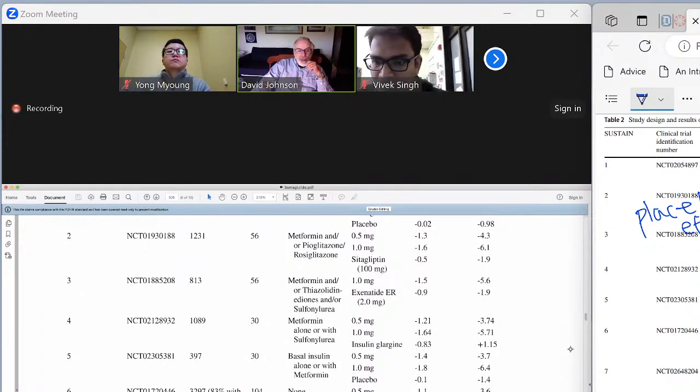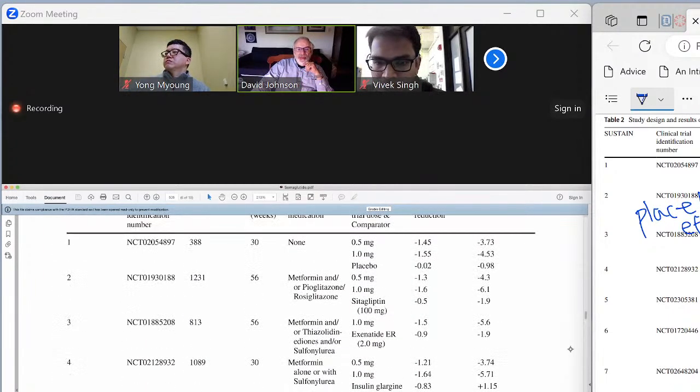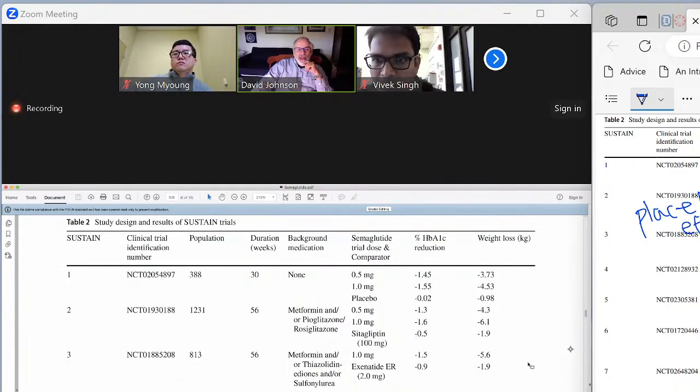But you could see upwards of 4.5 kilos. That's a substantial amount of weight loss.